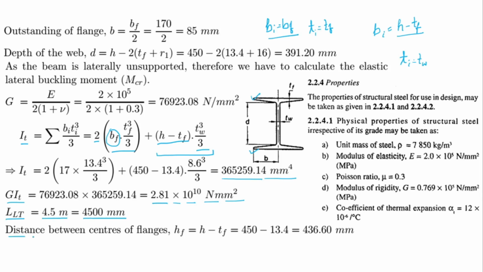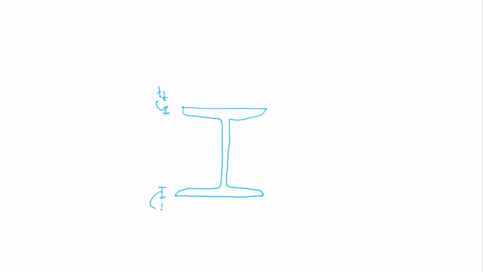Now the distance between centers of flanges, HF. If you see the figure here, this is the thickness of flange at the top. Similarly here, this is the thickness of flange at the bottom. If I draw the center lines of the flange, it will be like this. Now we have to calculate this distance.